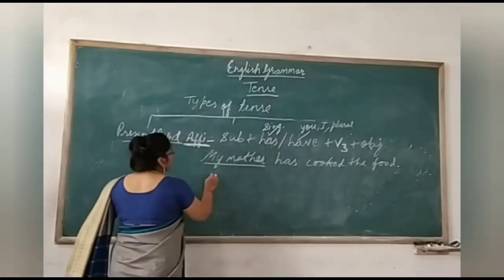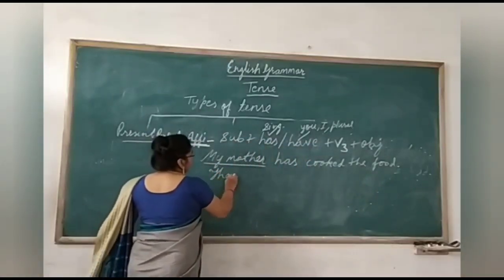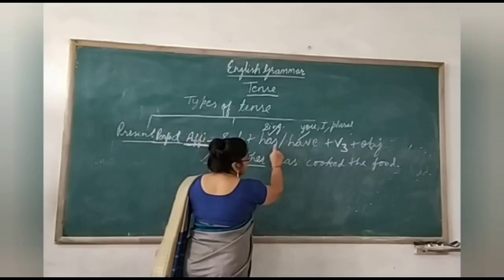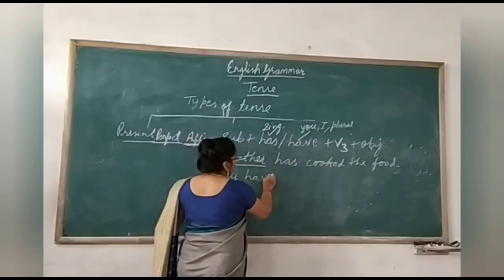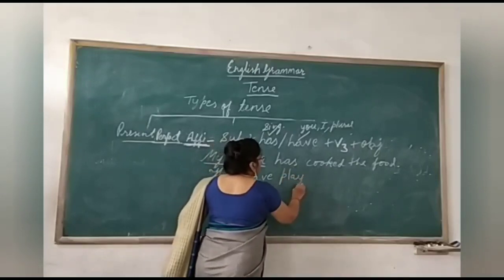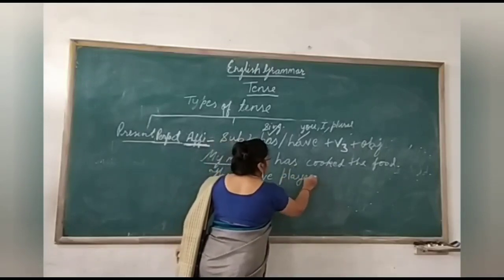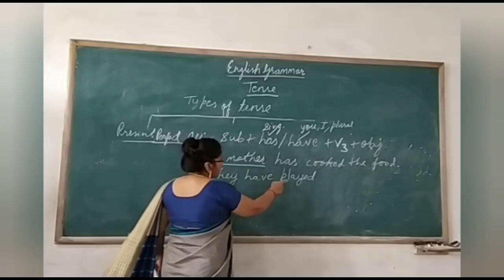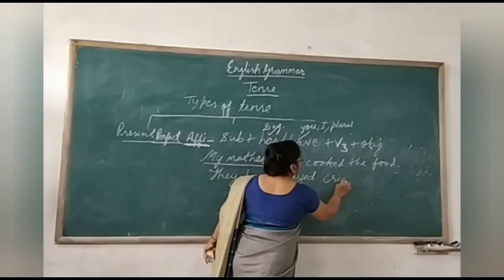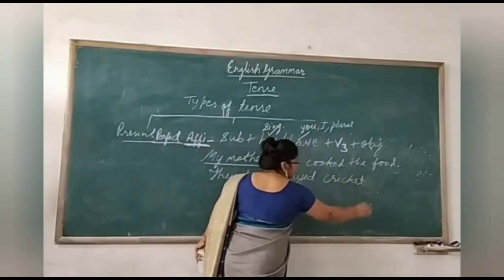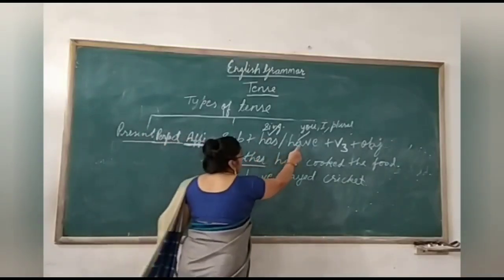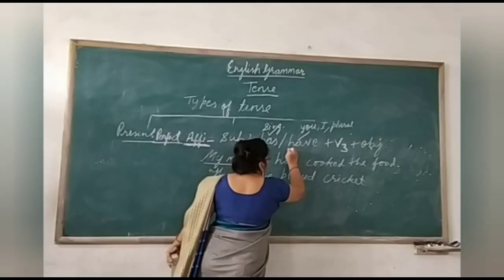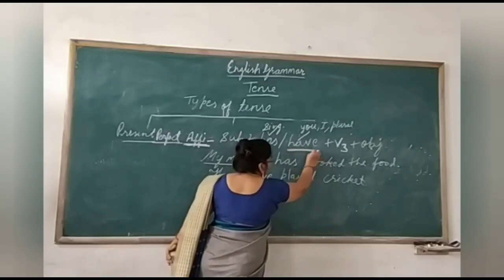Now if I take they, which is plural, out of these two verbs, what will you select? Have. They have. Verb is play. You have to write it in third form. They have played what? Object is cricket. Done? Same way, if I take I, then with I also, what auxiliary verb will you use here?